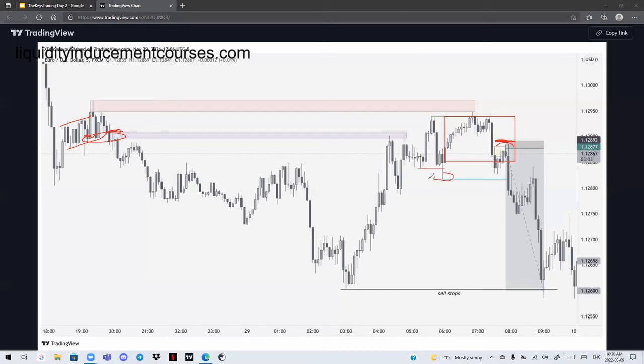Whenever price breaks here, we need to see a pullback into around this area. So our trade would have been this. You can refine this one to this, so our stop loss would have been here and our entry is here.